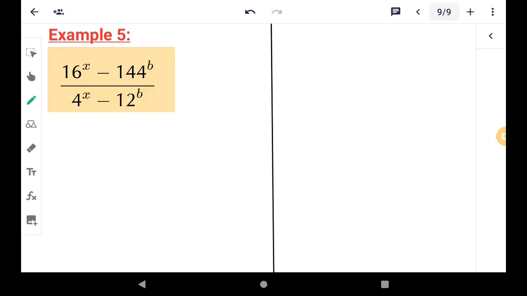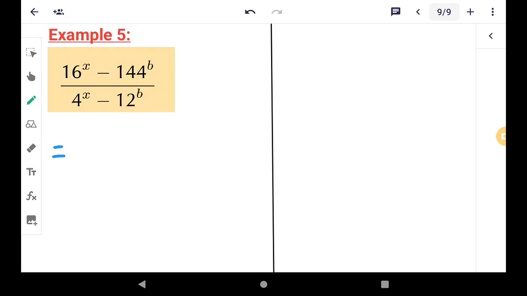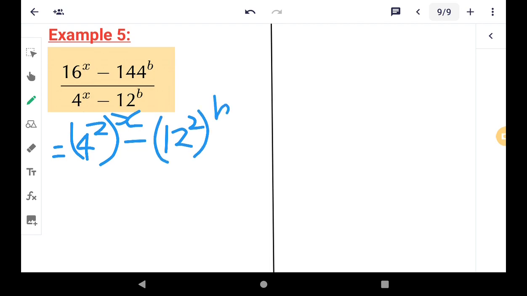Last question. Similar story. 16 to the power of x. 16 is a square of 4, and 144 is a square of 12. So we have another difference of two squares situation, that is equal to 4 to the power of 2, all to the power of x, minus 12 to the power of 2, all to the power of b, all over 4 to the power of x minus 12 to the power of b.